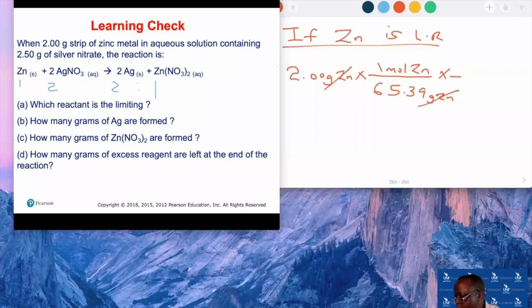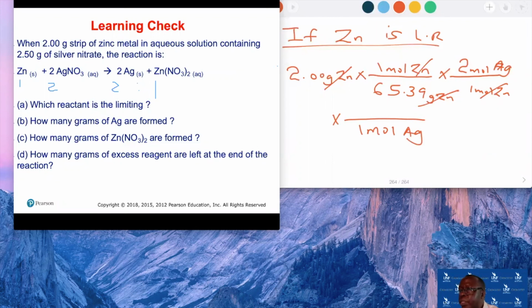Then the mole ratio between zinc and silver, for every 1 mole of zinc, 2 moles of silver, Ag, are produced. Moles and moles will go. The last conversion factor is 1 mole, the molar mass of silver, 107.87 grams of silver, Ag.